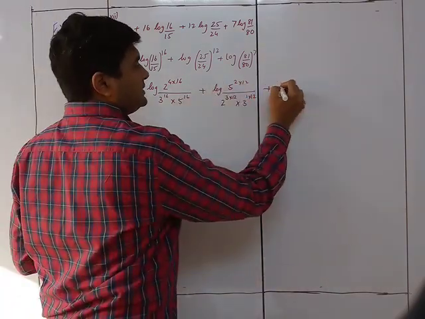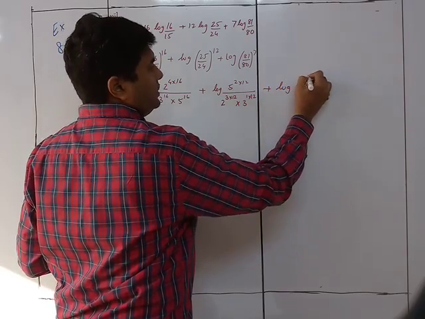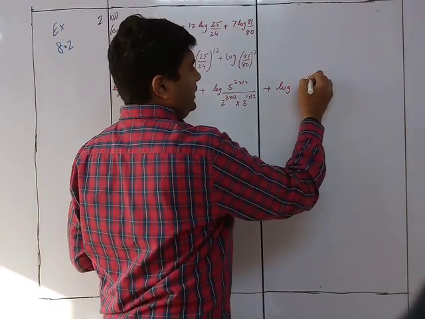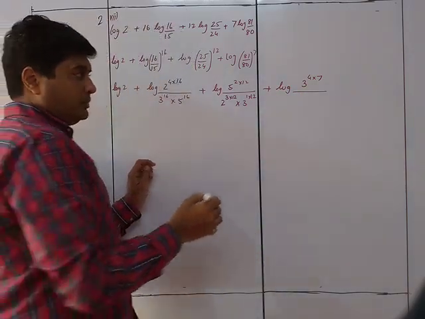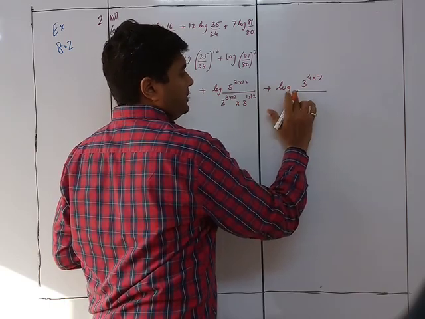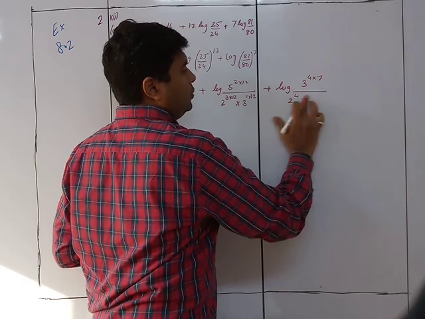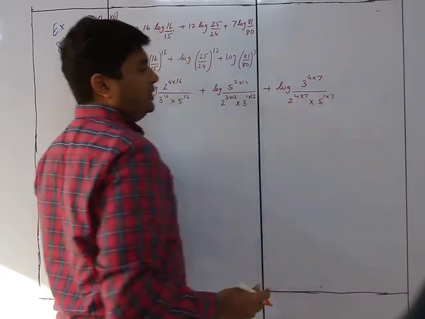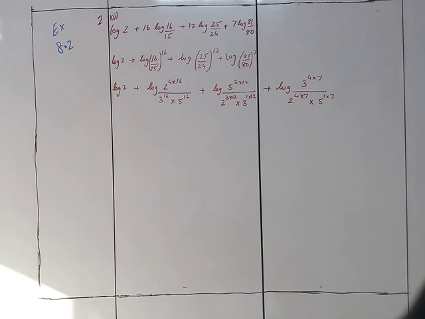Next is plus log of 3 raised to 4 into 7. Now 80 is nothing but 2 raised to 4 into 5, the whole raised to 7. See these steps. This step is the most important part of this particular question.